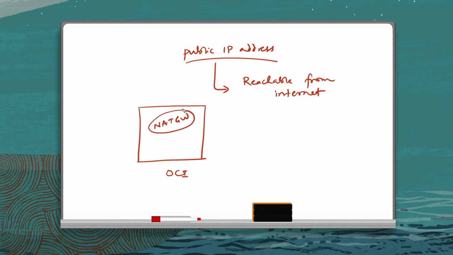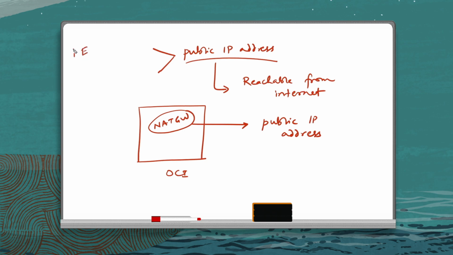This resource is designed to be directly reachable from internet, and we have seen that in previous demonstrations. And hence, this NAT gateway, it actually comes with a public IP address.